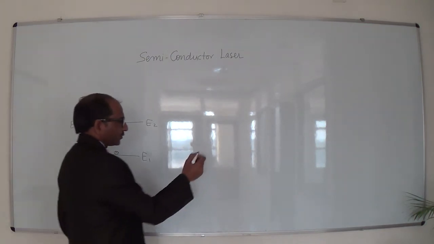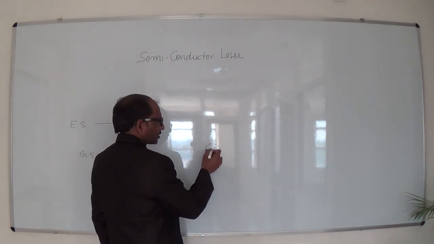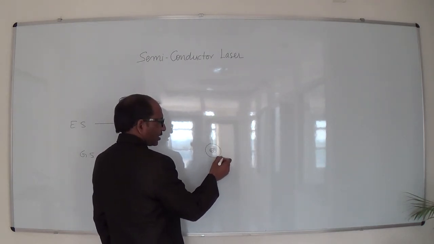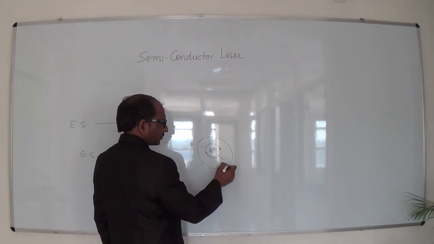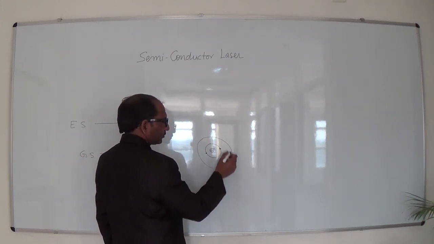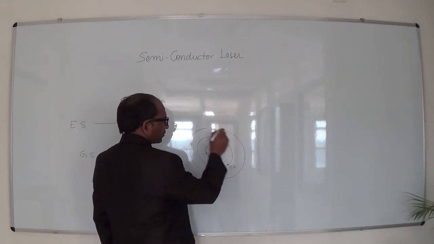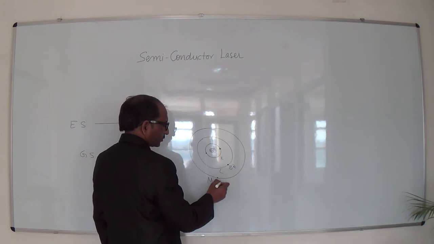For example, I have this atom, this is the nucleus, the K shell, in which we know there are 2 electrons, the L shell, there are 8 electrons, and the M shell, there are 18 electrons.